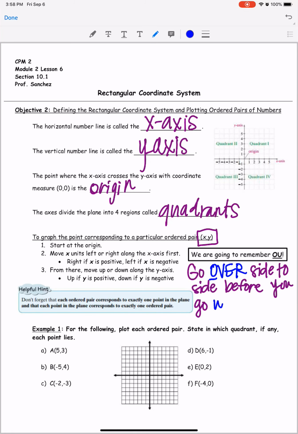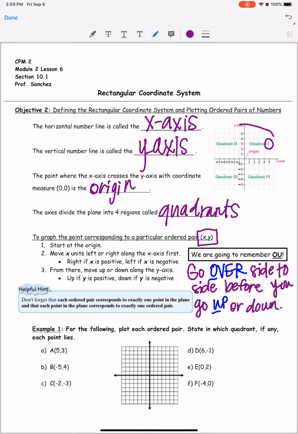So, in example 1, for the following, plot each ordered pair, state which quadrant, if any, the point lies on. So I guess I didn't talk about that up here. One of our definition words is that the axis divides the plane into 4 regions, which are called quadrants. These quadrants are divided up. In this first one, where you've got positive x, positive y, that is your quadrant 1. So from quadrant 1, go counterclockwise.